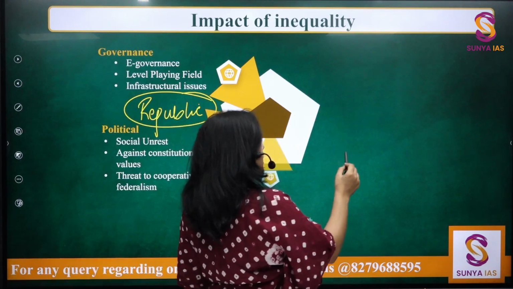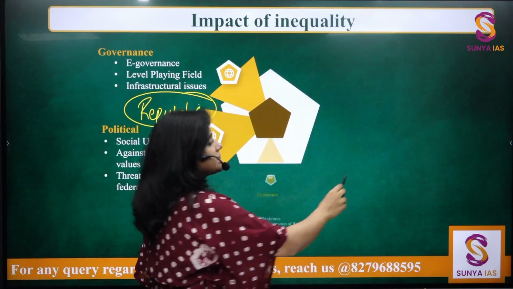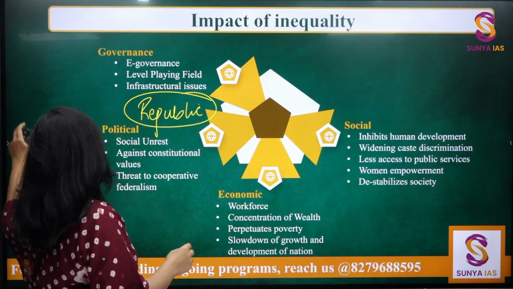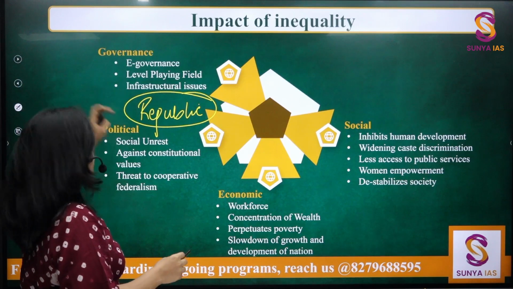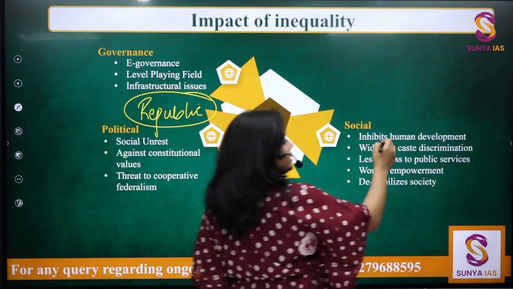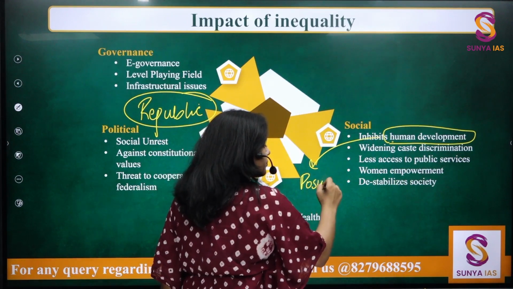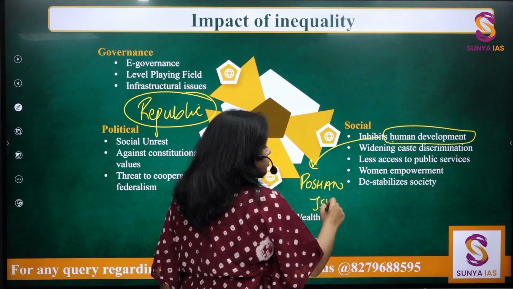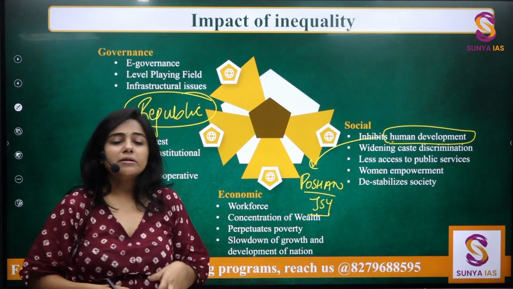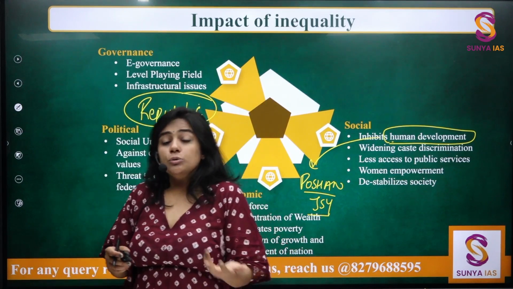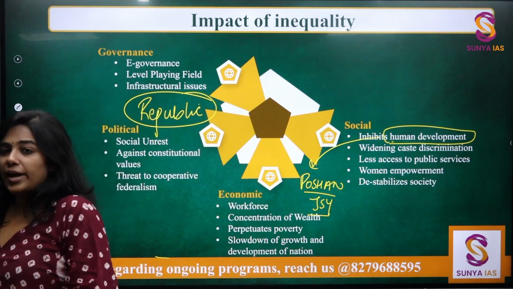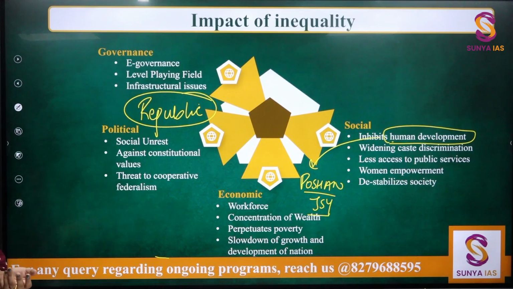Then socially what it does is it inhibits human development. When you're not having enough income, your human development gets inhibited, and this is what Poshan Abhiyan is all about. This is what Janani Suraksha Yojana is all about, that no matter if you're poor also, you deserve to be fed nicely so that the child that you are going to give birth to can have that kind of nutrition.